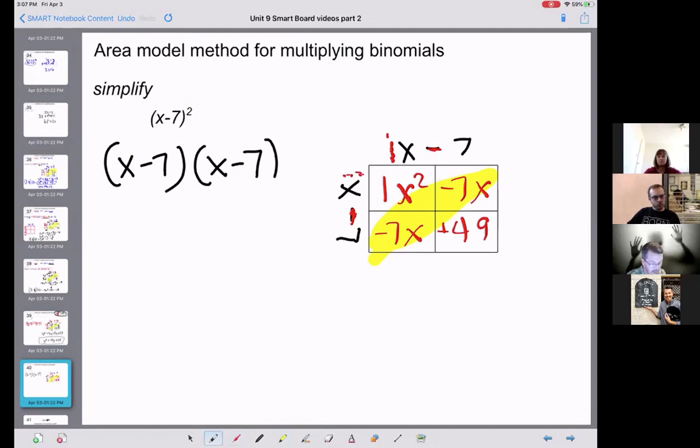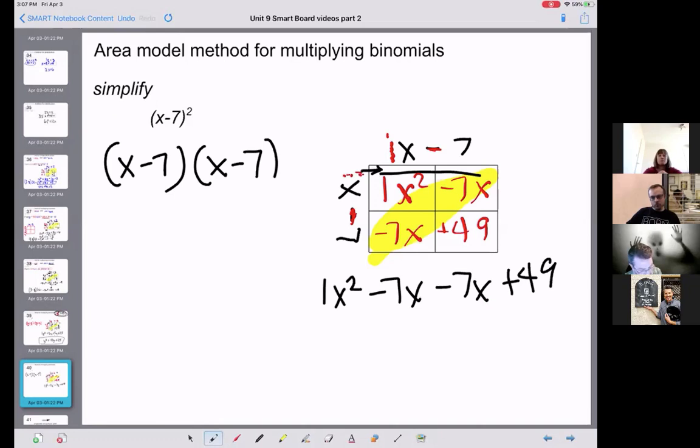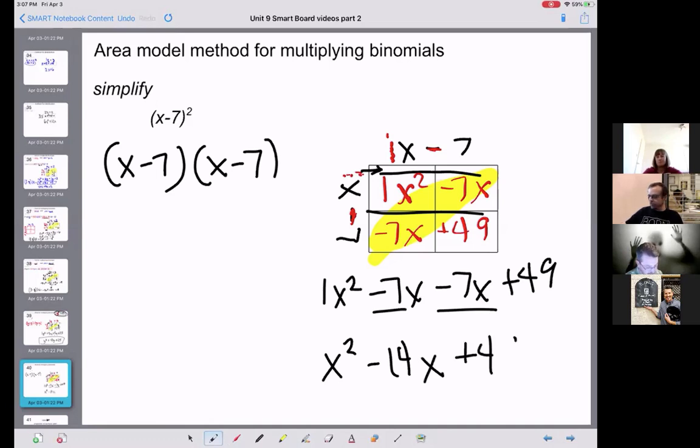But if you don't see that, you just write down 1x squared minus 7x minus 7x plus 49, starting in the top left corner and working across row by row. I don't need the 1, so I can leave that alone. And then minus 7x minus 7x is minus 14x, plus 49.